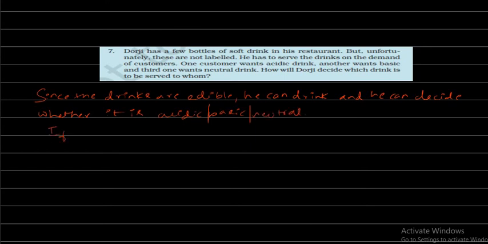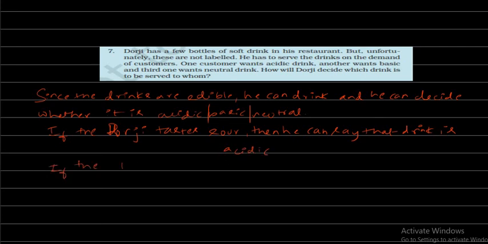If the Dorji tastes sour, then he can say that drink is acidic.